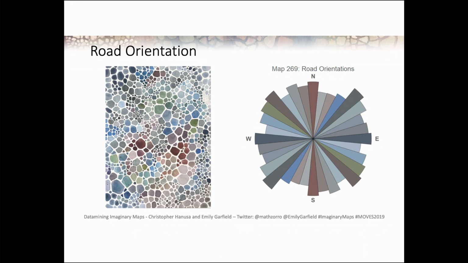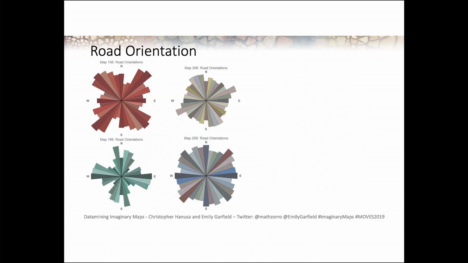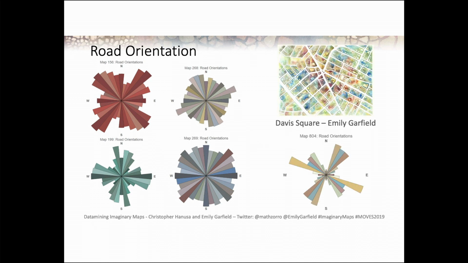But here, this picture is much more bubbly. And in this, there's not really a direction that's more there than others. And so you can see that the histogram is basically a circle because the directions of the roads are rather uniformly distributed. So here are four different of these visualizations. Here's one more.